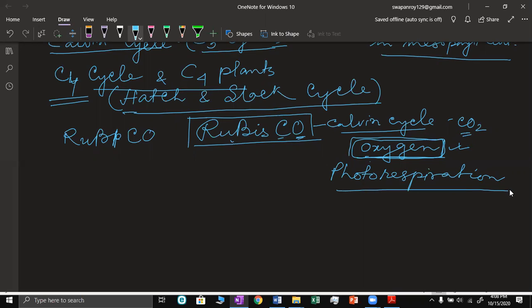When photorespiration occurs, photosynthetic productivity is reduced. This photorespiration we will learn later on.